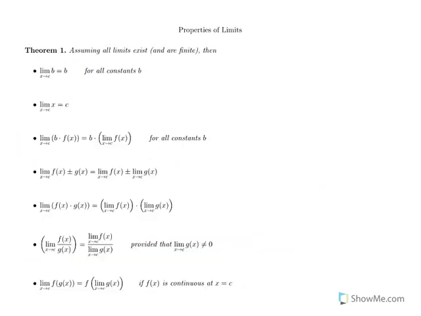All right. Last thing is we have a bunch of properties of limits that we can use to look at limits algebraically, which is the big point of section 1.9. So here are 7 different properties that we have. First of all, we need that all of these limits exist and are finite.